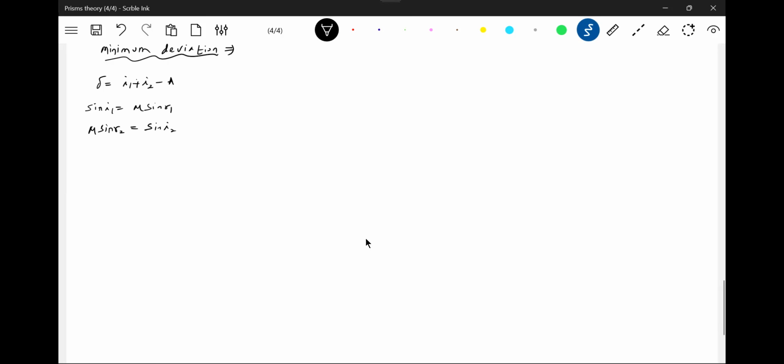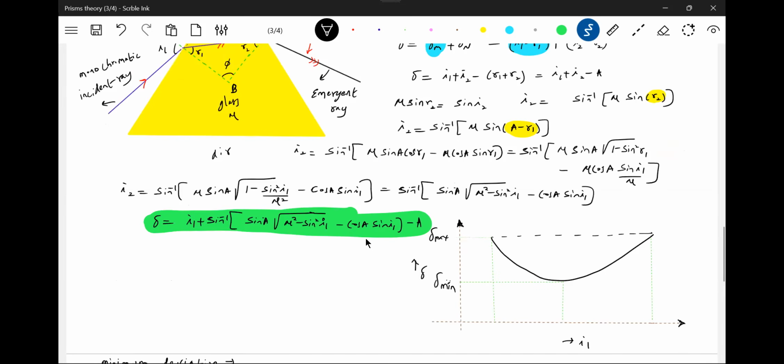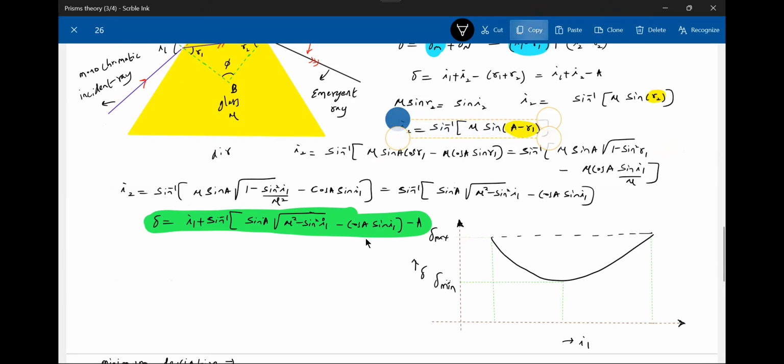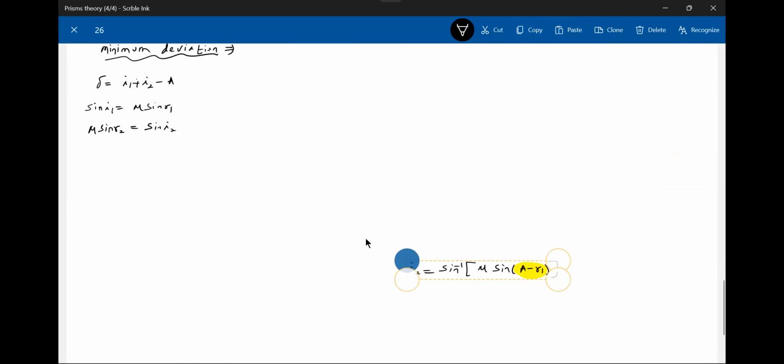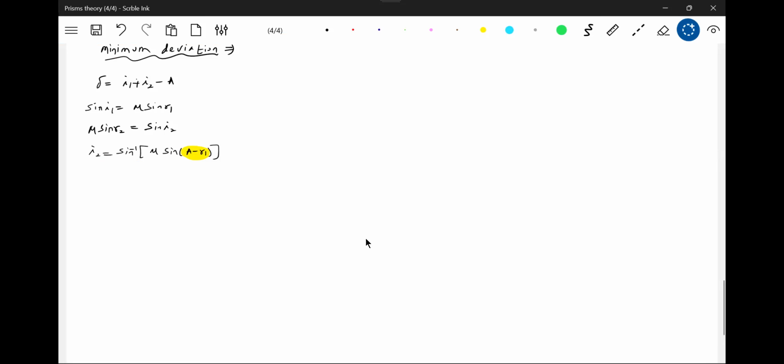Solving this, we got the expression for I2 as this particular thing. Let me substitute all these things. Deviation is equal to I1, I can write it as sine R1.